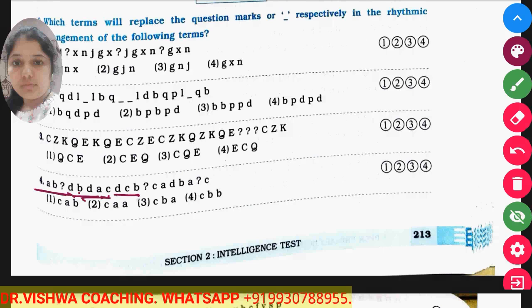The position of C is replaced by B, and here then it will come A. Here it comes C, and B, A, D, C. So C, A, D is your pattern. The option showing C, A, D.